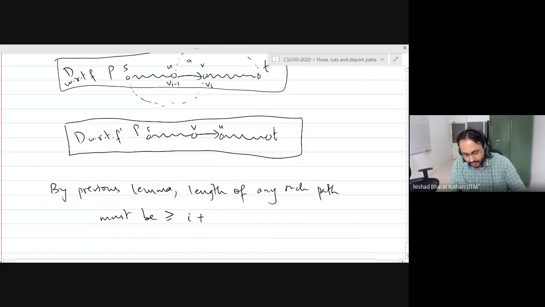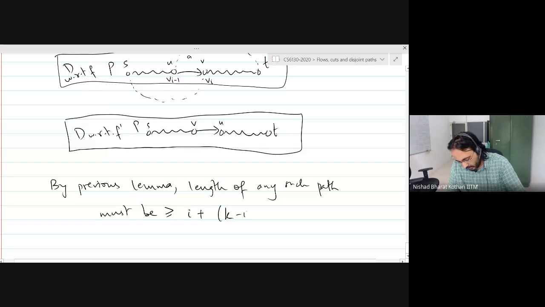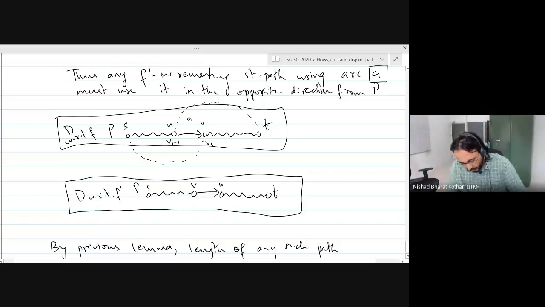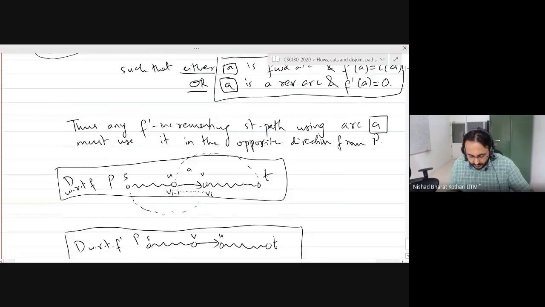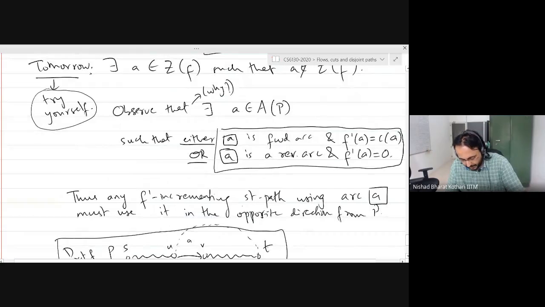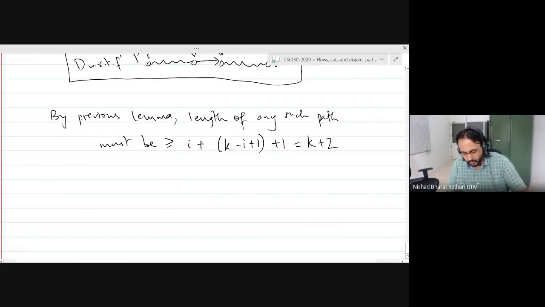The length from U to T has to be k minus i plus 1. And you need to further use the arc V to U in order to go in this direction. And so that turns out to be k plus 2. So the length of any F prime incrementing S-T path has to be at least k plus 2. And so that cannot be a shortest path because the shortest path is length k.